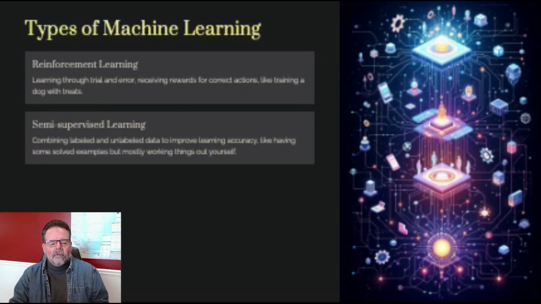Then we get into reinforcement learning, which is learning through trial and error. It's how computers learn to play chess against themselves. Finally, you have semi-supervised learning, which combines both labeled and unlabeled data. This is like having some solved examples, but also figuring things out on your own. This network visualization, this diagram, shows how these systems work with each other and interconnect.